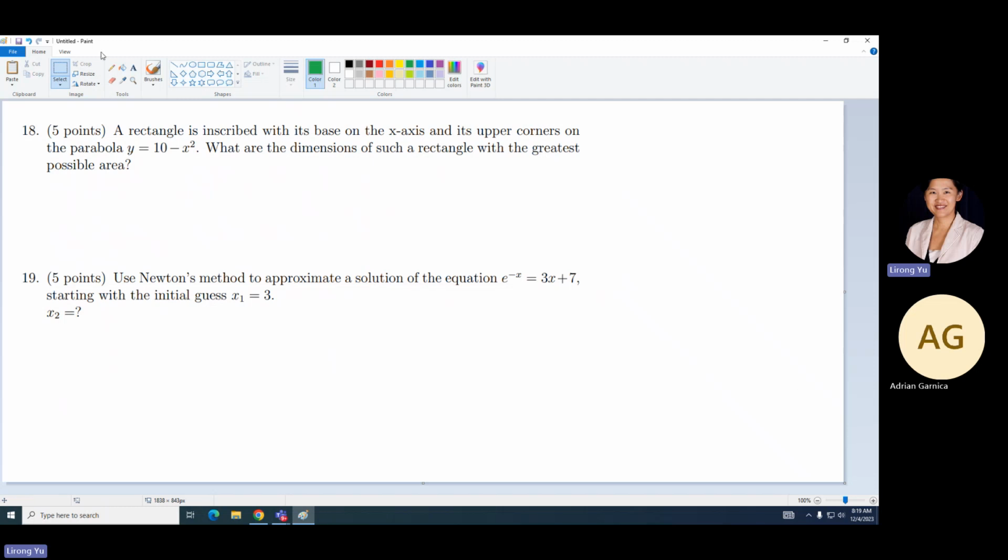So it will look like this. We start with this rectangle. The base is on the x-axis.